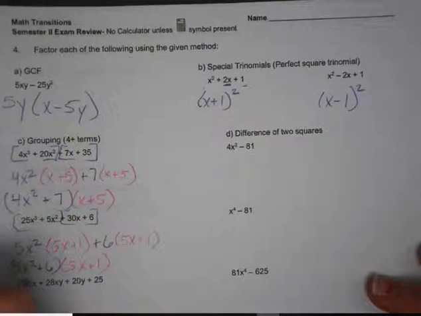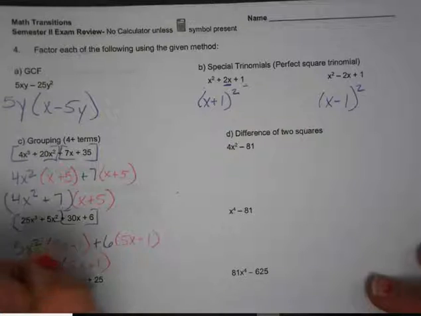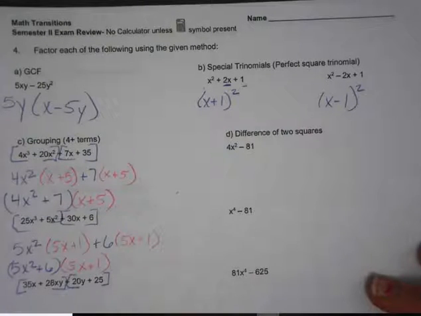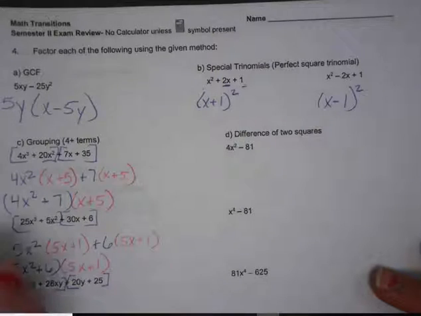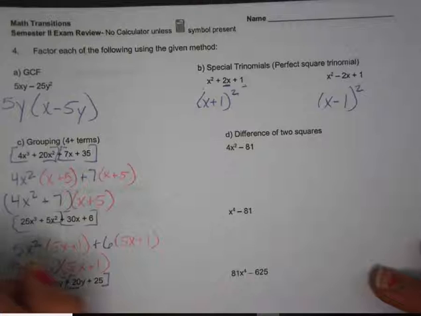Last one, 35x plus 28xy plus 20y plus 25. We have 35x and 28xy, so that's 7x. And that's going to leave me with 5 plus 4y.